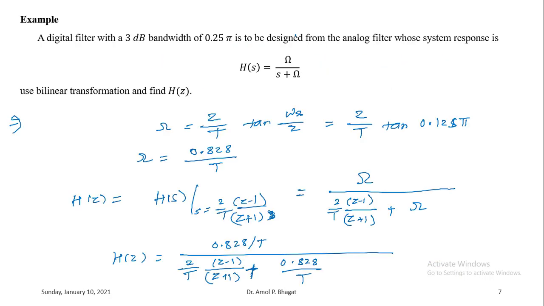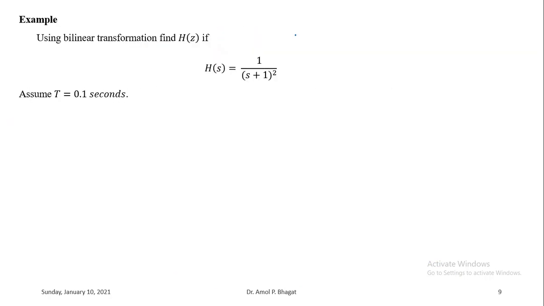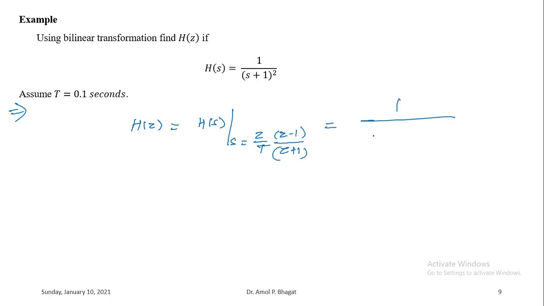Let's try to solve one more example here. Again, the capital T has been provided. From H(s), you can directly identify H(z) by substituting in place of s the value 2 by T, (z minus 1)/(z plus 1). So you'll get 1 upon 2 by T (z minus 1)/(z plus 1) plus 1, whole square.